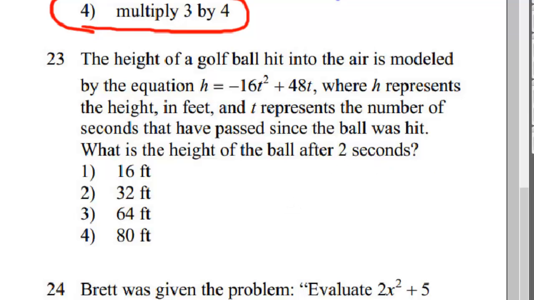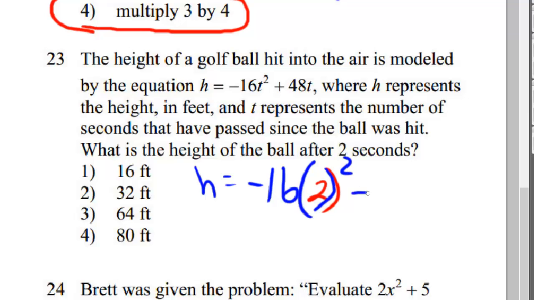So in this case, t stands for time, and what we want is the height. H is going to be height. So I'm going to rewrite this equation. H equals negative 16 open parentheses 2 close parentheses squared plus 48 open parentheses 2 close parentheses. So that's what we're going to be using.